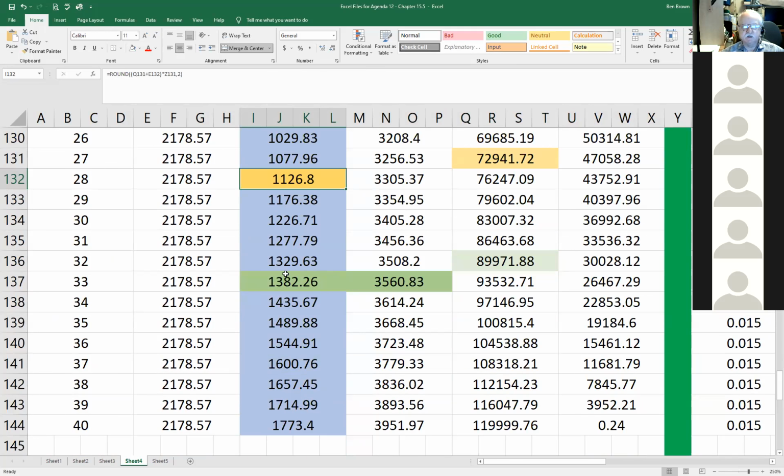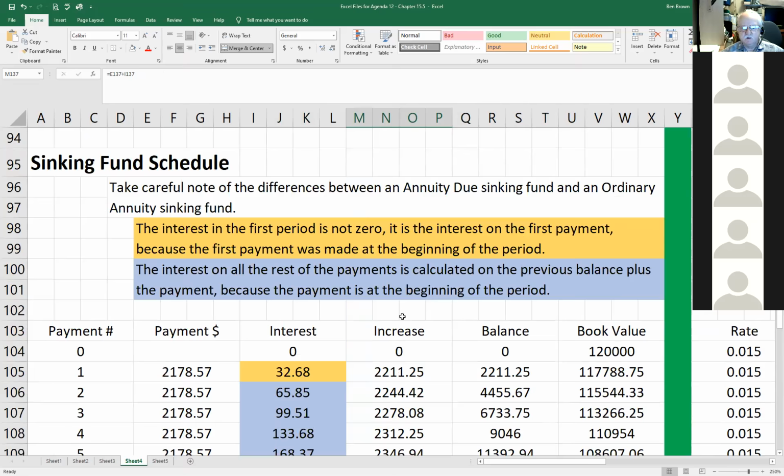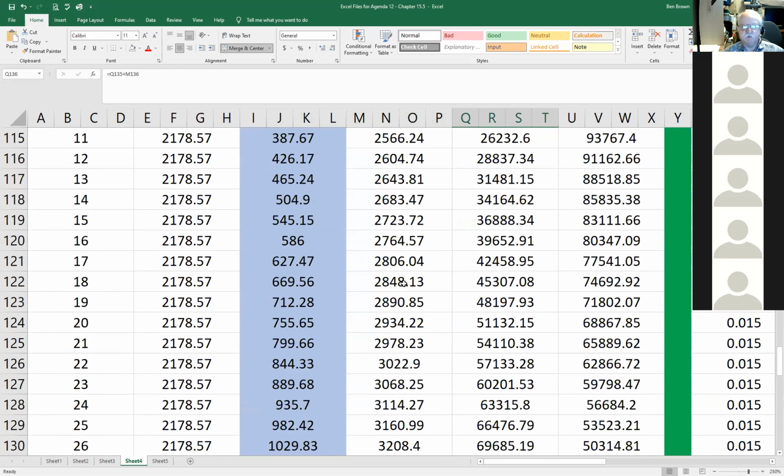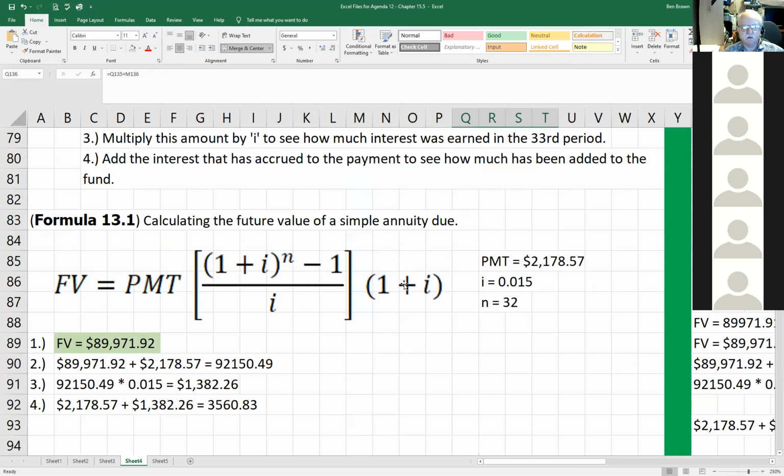And then they do the same for the 33rd. We can see the balance after 32, the interest, and the amount that's being added in this increase column. So if we create the schedule, we can see the numbers we need that we've generated by the calculations.